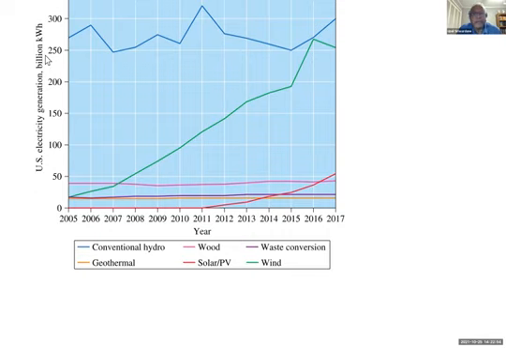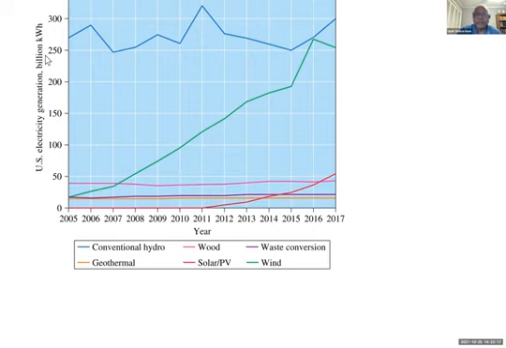Wind is also picking up, that's the green line. If you look at the way solar is still at the bottom, increasing above all other three: wind, wood, waste conversion.